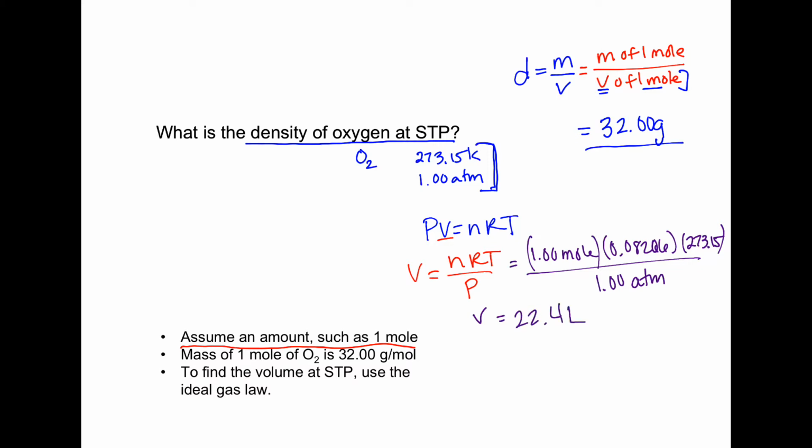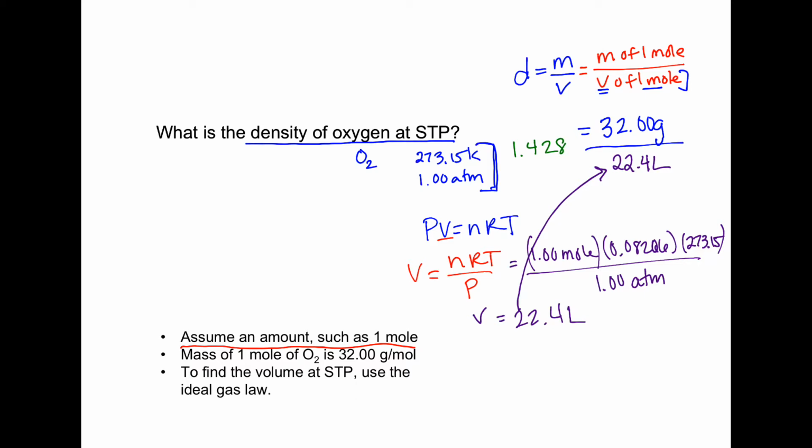22.4 liters. That might be a number that you recognize. That is the volume of any gas if you have 1 mole at STP. But that is my volume here down at the bottom. And when you put that into your calculator, you should get 1.428.